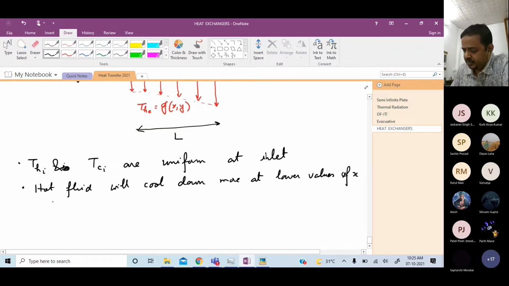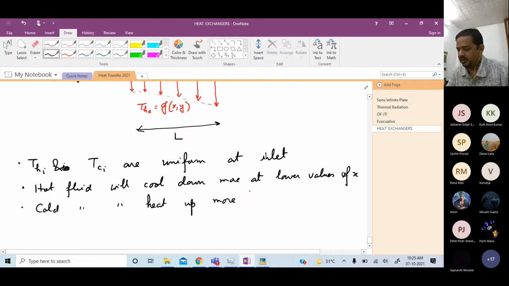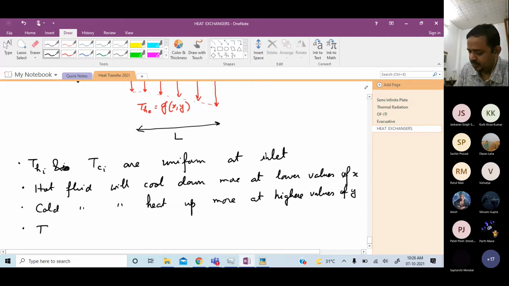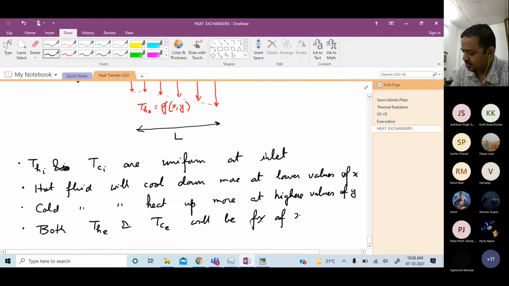And similarly, the cold fluid will heat up more at higher values of y. The way I have drawn it here, both THE and TCE will be functions of x and y.